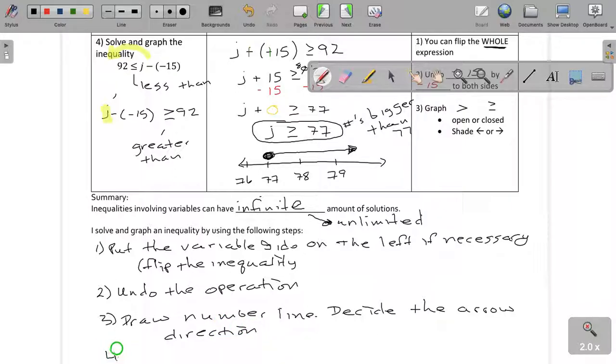And number 4, we close the circle if less than or equal to or greater than or equal to. And we use open circle if less than or greater than.